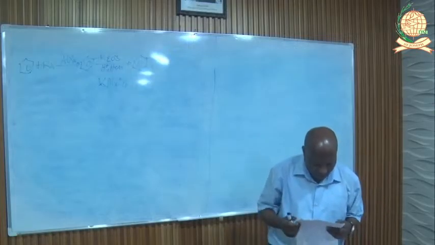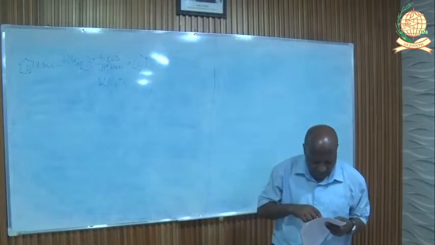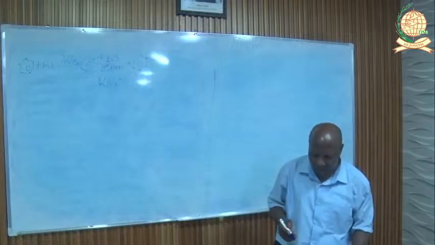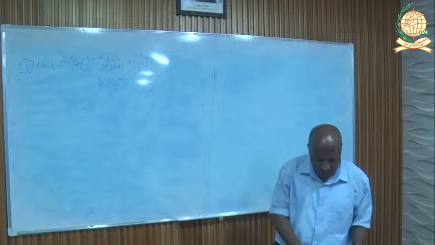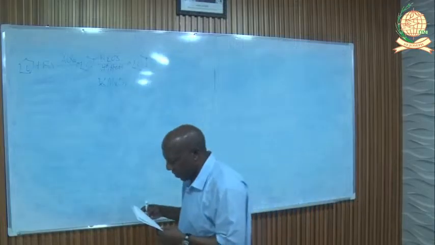Question 1A: would you expect the mixture of Roman 1, pentane and hexane, and Roman 2, propan-1-ol and water, to show deviation from Raoult's law? For Raoult's law we have 2 deviations, positive deviation and negative deviation.